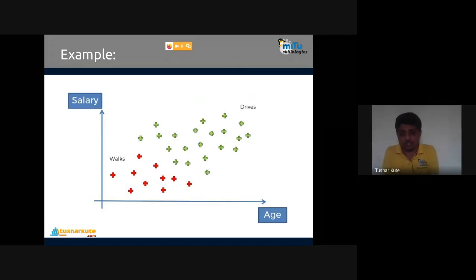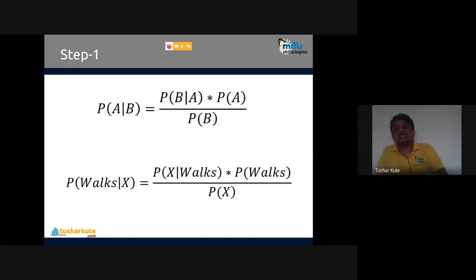That is the classification we are going to make use of here. Revise our theorem, your Bayesian theorem is like this: P of A given B is equal to P of B given A into P of A divided by P of B. Now my task is to identify whether a new data point will belong to the walker category. The new data point is X.